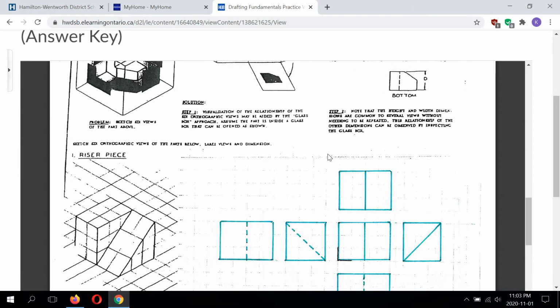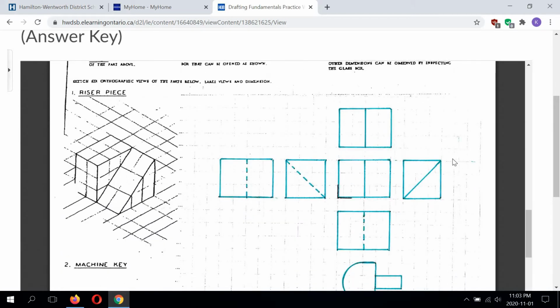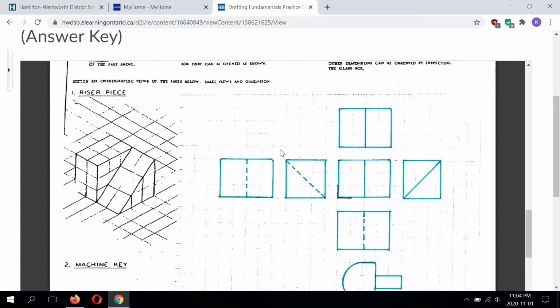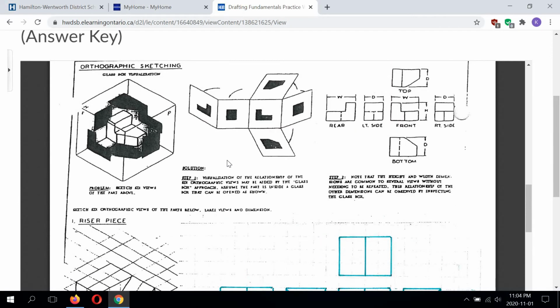And now we're going to take a look at the back. So the back side of this sheet, we've looked at the riser piece and the machine key. Now here, much like we've seen in the PowerPoint presentation, this is unfolding the glass box, right? So the object is sitting inside the glass box.